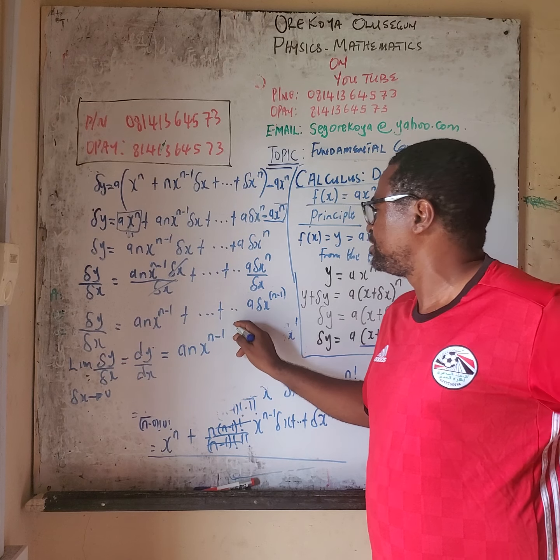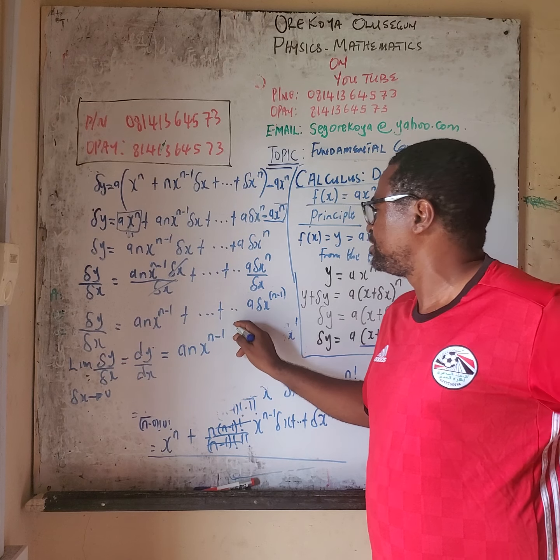So that's the fundamental idea as to why we are subtracting 1 from the power of the function that we are given. For instance, if you are given a function like y is equal to x raised to power 3 minus 2x raised to power 2 plus x minus 4, and you are asked to find y prime.